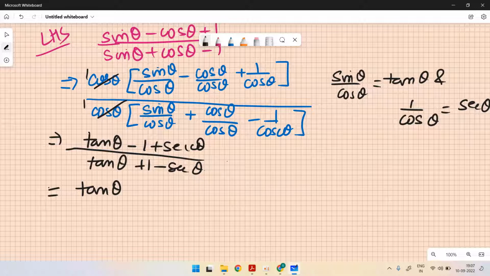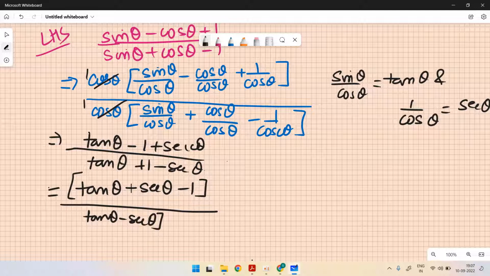So this is tan theta plus secant theta minus 1, and this is my original, tan theta plus 1 minus secant theta. I will write it like this.